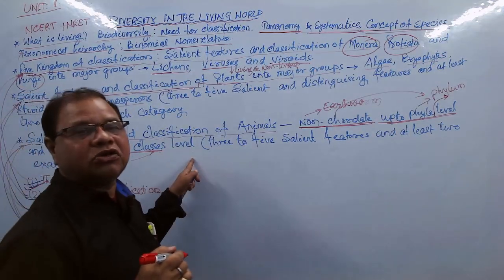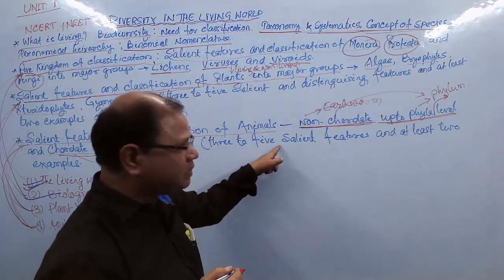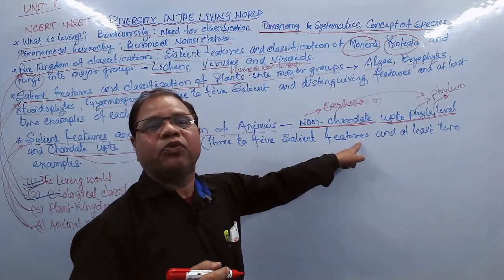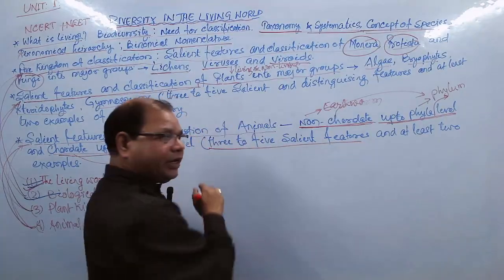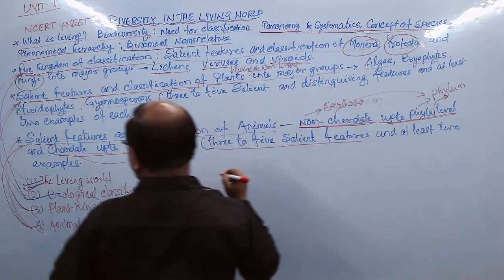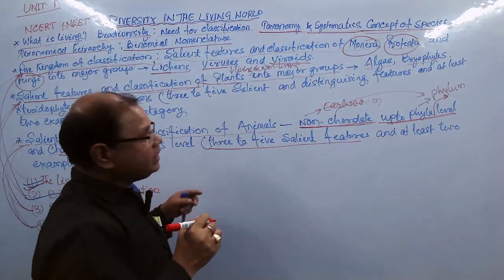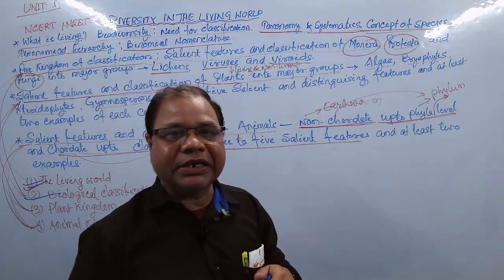How many classes of chordates we have to divide, and 3 to 5 salient features we have to give according to classes of the chordate animals, and at least 2 examples we have to communicate in this chapter. This is the first topic we will discuss later on.